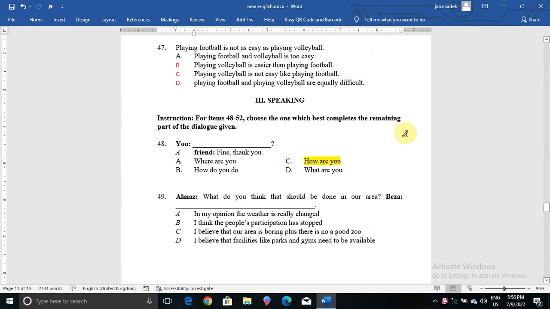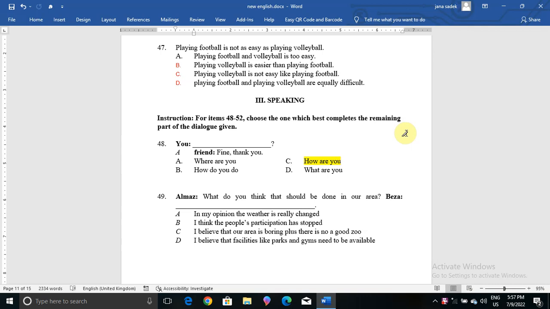Okay, and question number 49 says, Almaz, what do you think that should be done in our area? Pizza said, what? In my opinion, the weather is really changed, or I think the people's participation has stopped, or I believe that our area is boring plus there is no good zoo, or I believe that facilities like parks and gyms need to be available.